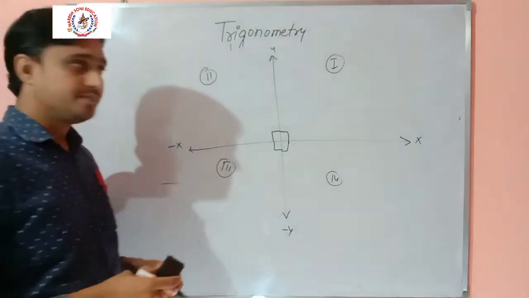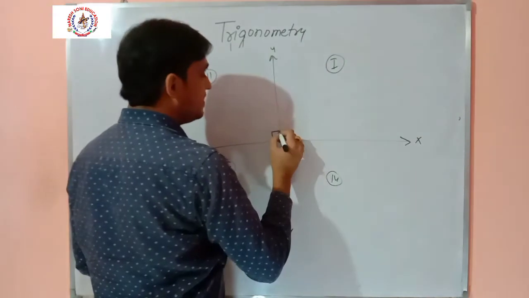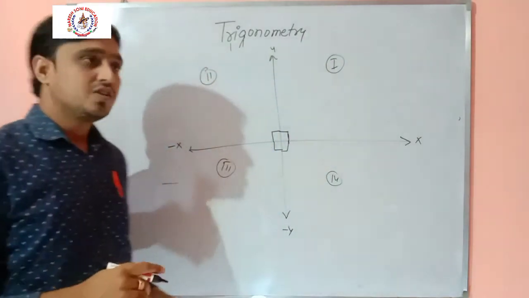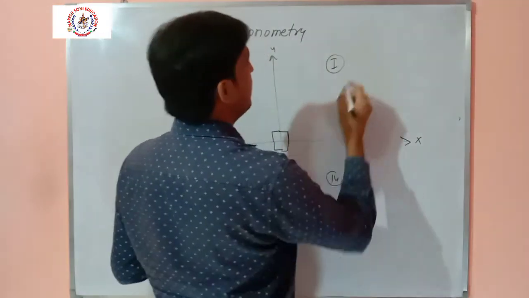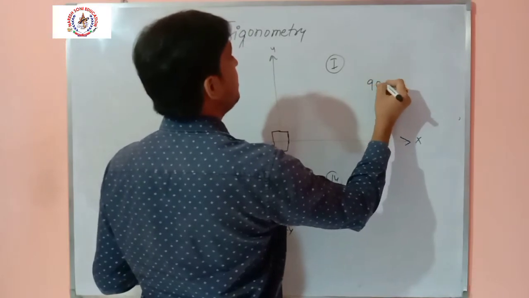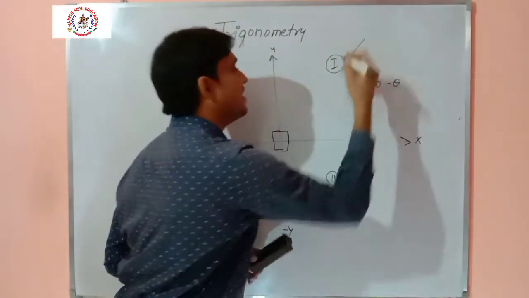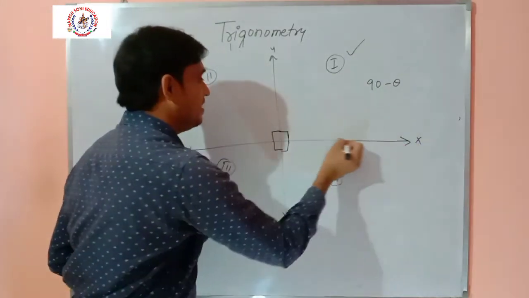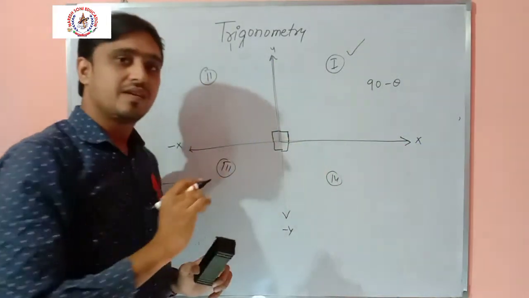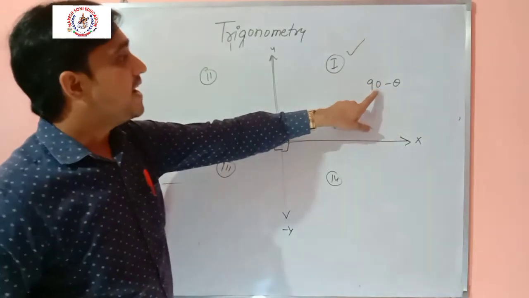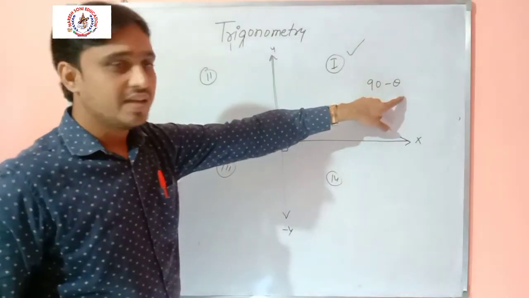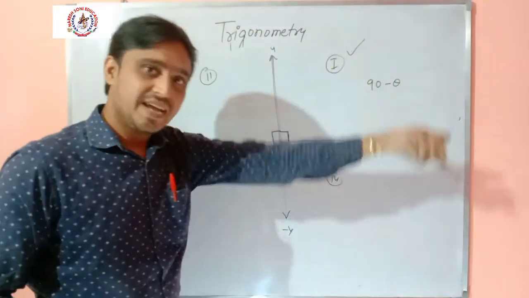So if this angle is 90 degrees, the complementary angle, if you write 90 minus theta, means less than 90.